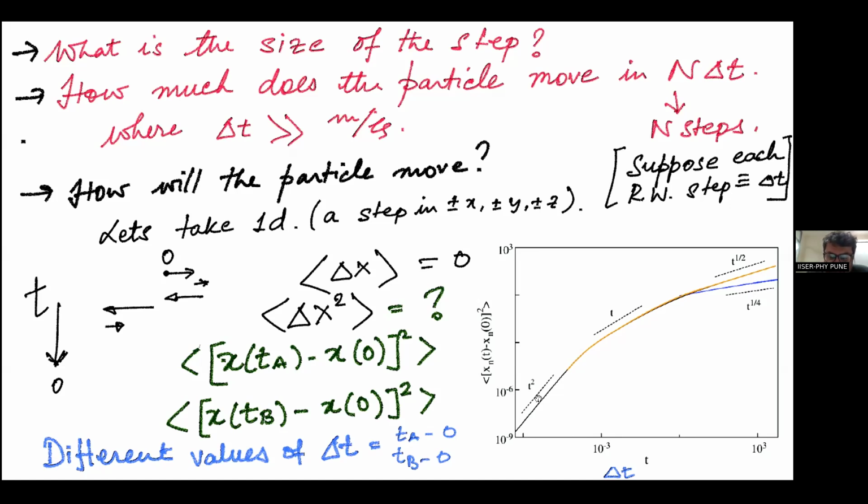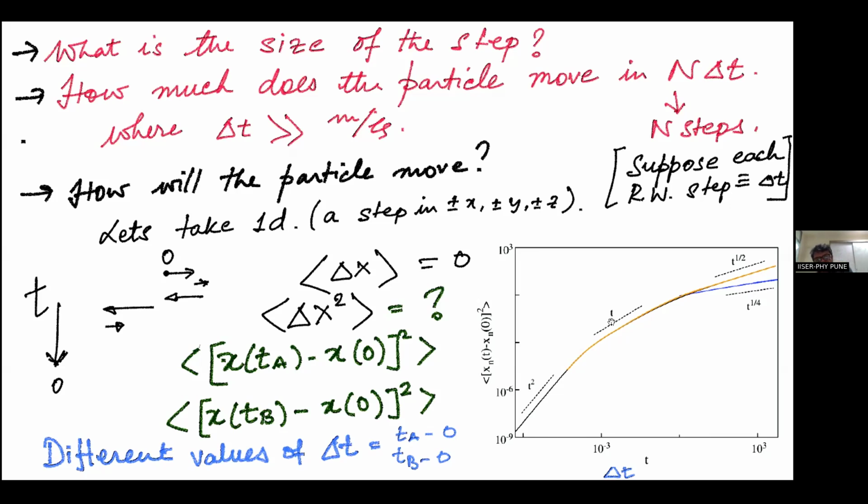So at small times, what you see is that this MSD goes as t square because it still has the ballistic effect. It is still moving in the same direction. It has not become the random force of the Langevin equation, the random displacement. That random walk happens only at relatively long times.